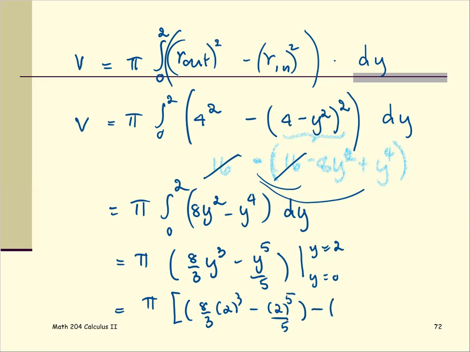And the second round, you put in 0, which is very nice because we have a power of y everywhere, so the second part of the calculation is going to be 0. And the answer comes out as 224 pi divided by 15.